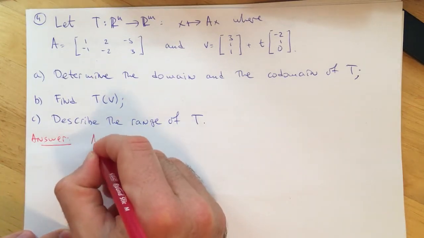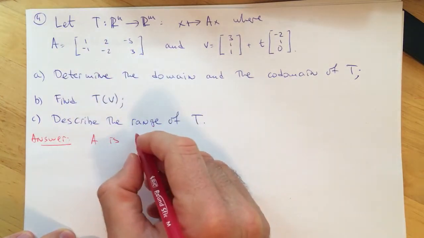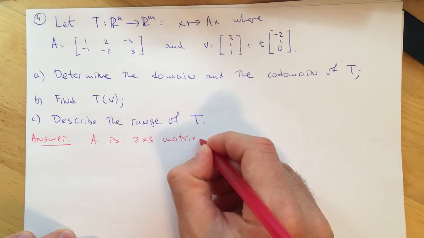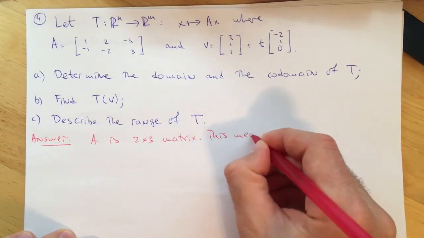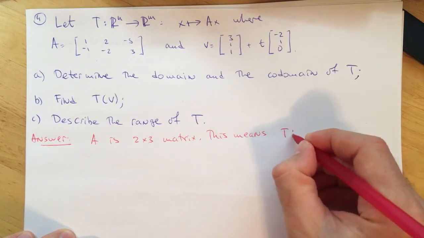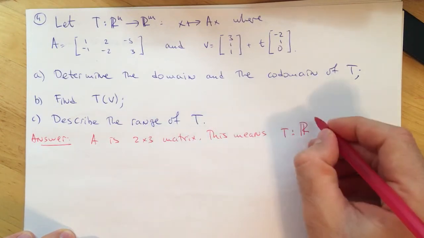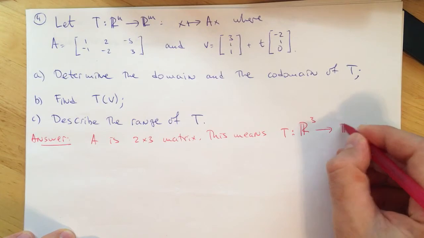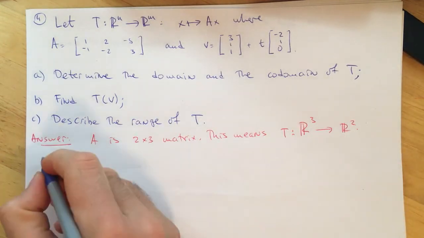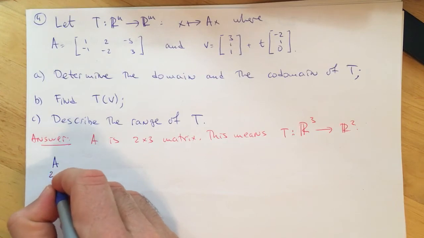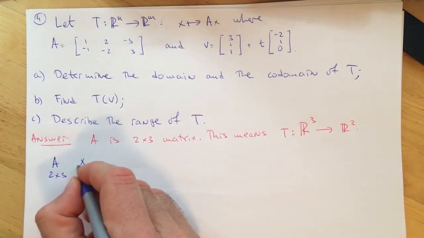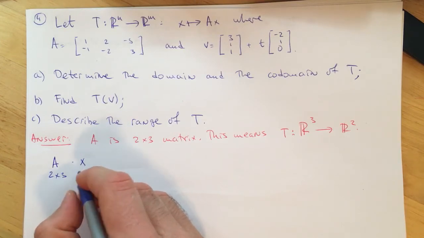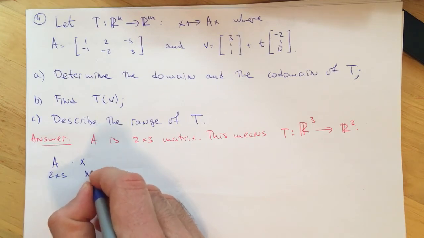Okay, so A right away is a 2 by 3 matrix. This means that T is a transformation that takes vectors from R3 and brings them to R2. We can see this if I have a matrix A that's 2 by 3 and I multiply it by a vector, and vectors are always column matrices, so 3 by 1.